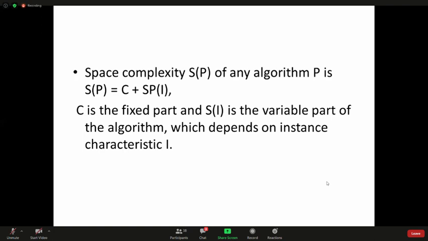S(P) equals C plus S_P(I). C is the fixed part and S_P(I) is the variable part of the algorithm. This will depend on the instance characteristics I.